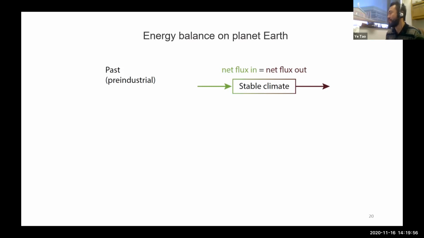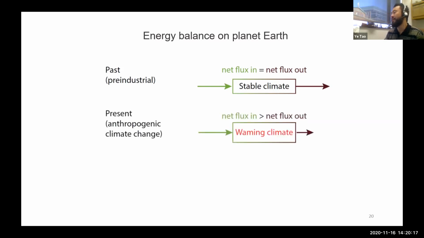Basically, what determines temperature on Earth? We're basically a system in dynamic disequilibrium right now, but in history, it was more or less a stable climate because we had the same amount of light coming in versus the same amount of infrared photons going out in net energy flux units. But recently, we have slowed down the rate of escape by introducing more greenhouse gases, leading to an increase in the amount of heat trapped in the Earth system.